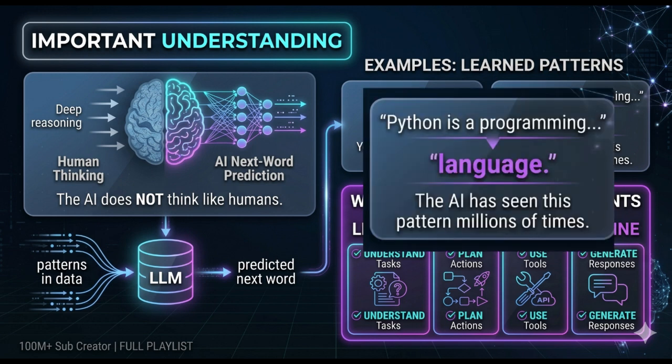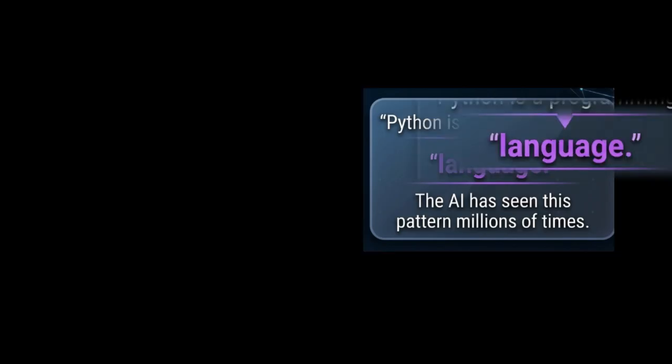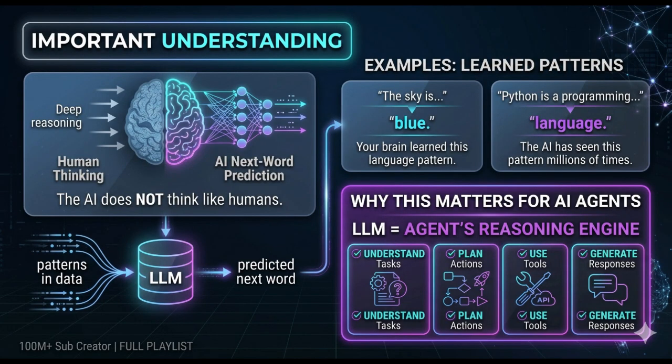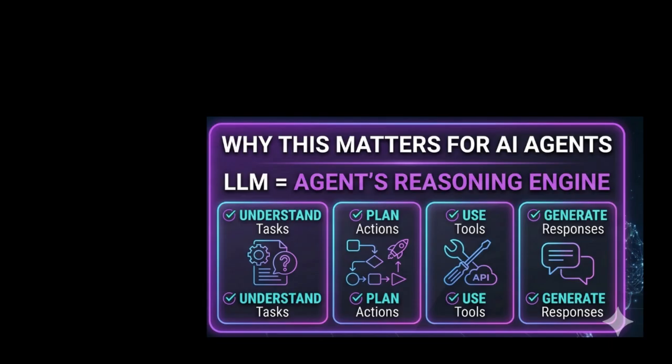If I type Python is a programming, the AI predicts language because it has seen the pattern millions of times. AI agents use LLMs as their reasoning engine. The LLM helps the agent understand tasks, plan actions, use tools, and generate responses.